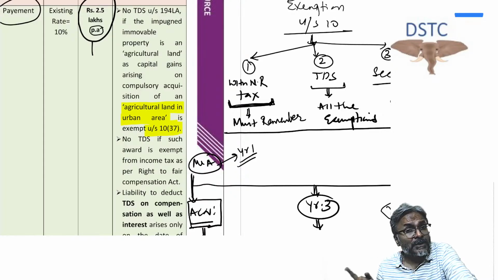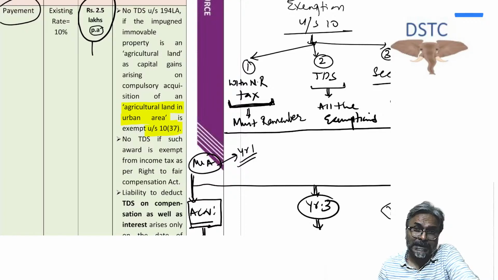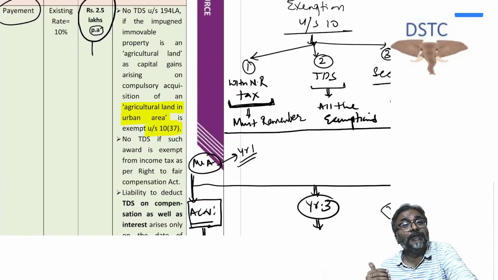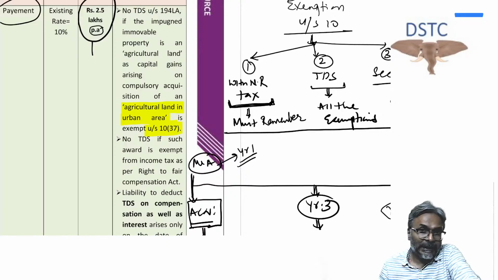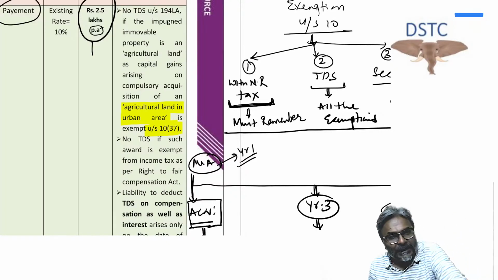But this is not true for an urban agricultural land, because an urban agricultural land is a capital asset. And if it is a capital asset, its transfer will result in capital gains. And if it results in capital gains, students, you are all aware what will happen.